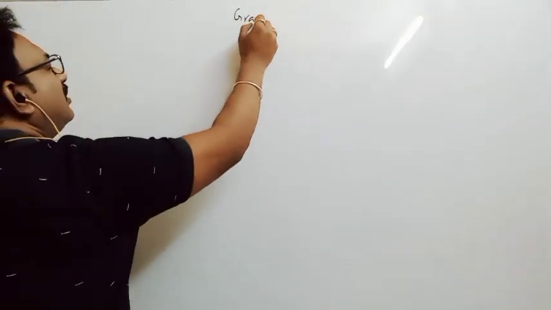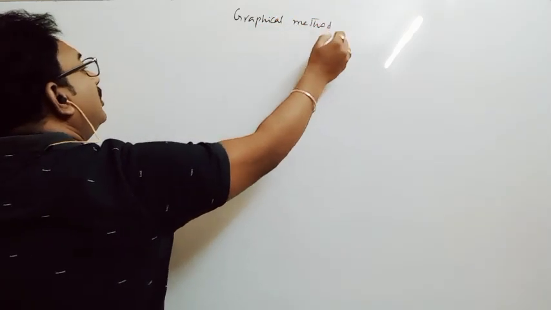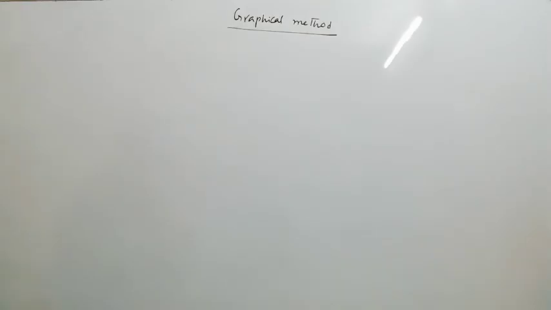Another important method is what we call the graphical method. Listen carefully. In this method you just verify the order of reaction according to the graphs.